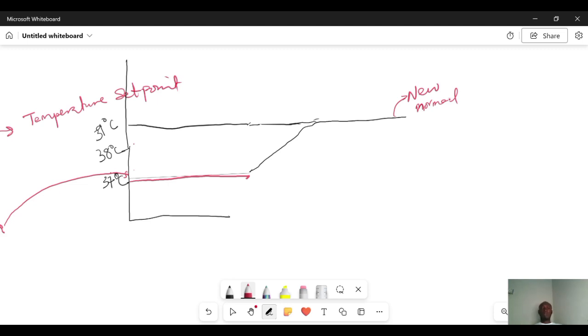Now, what are these mechanisms? From behavioral mechanisms, the individual goes on to wear clothes, close the windows, put off his air conditioner, put off the fan, lie down and cover with a blanket, drink hot tea, and all of these are behavioral changes, right? This is the body initiating mechanisms to help increase the core temperature.